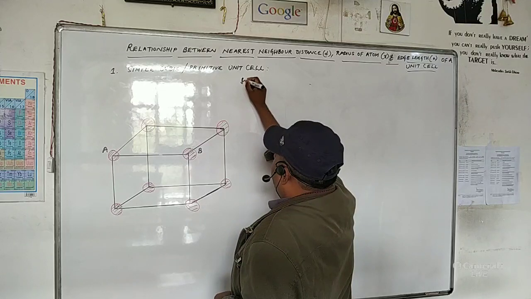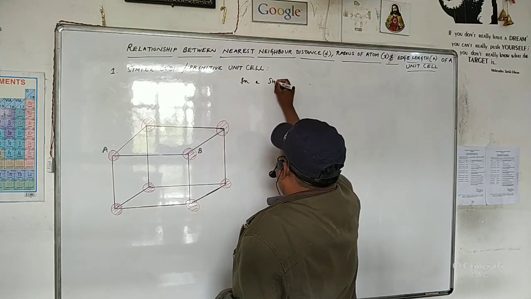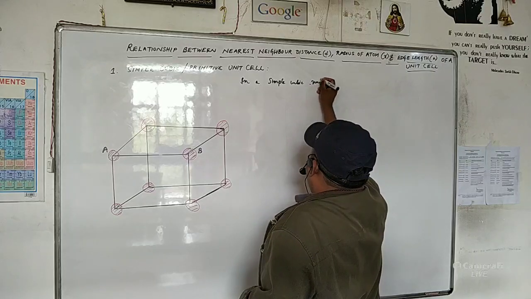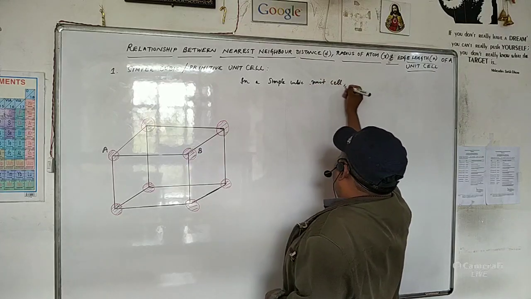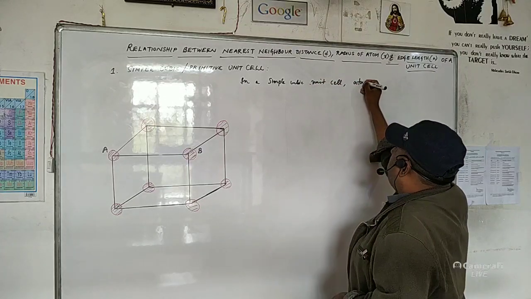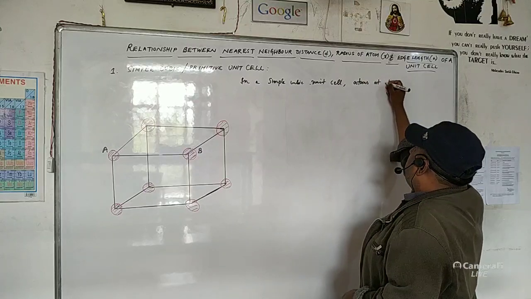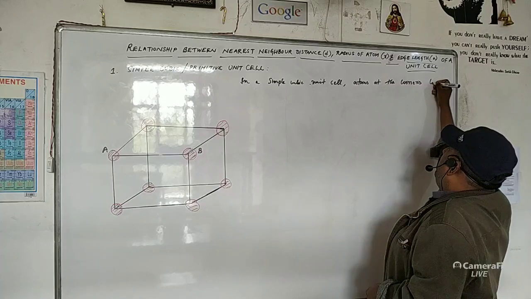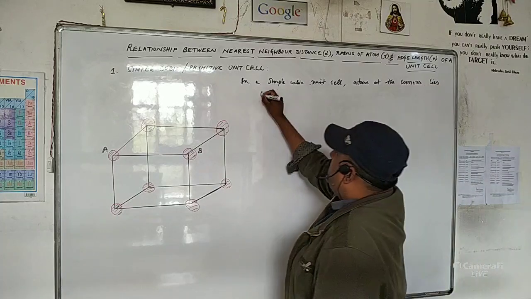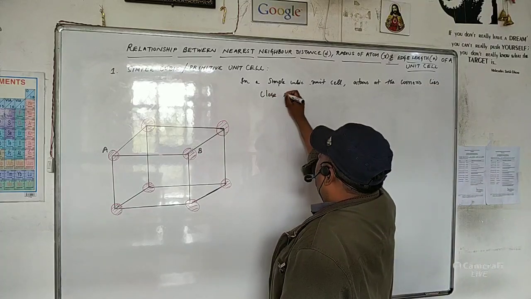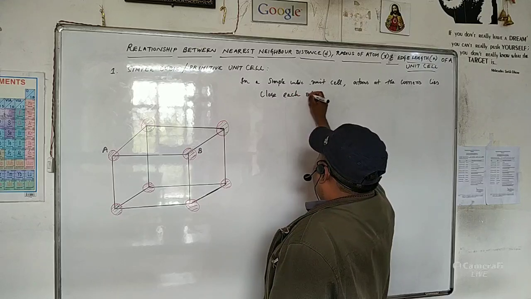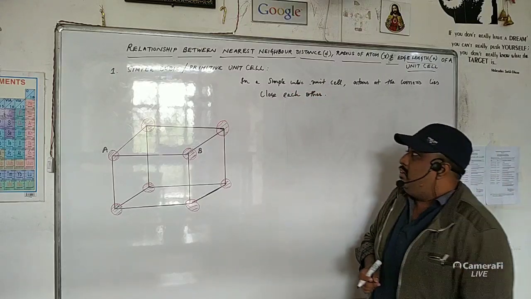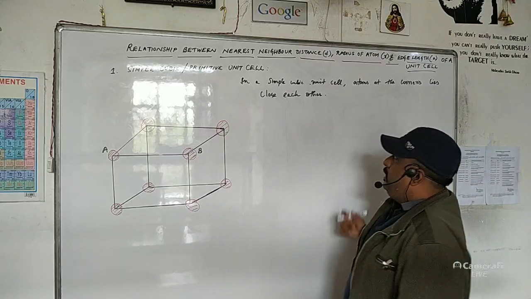We can write: in a simple cubic unit cell, atoms at the corners lie close to each other. I hope you can read what I am writing. I write slow, I write small. I believe you are able to see it in the video.